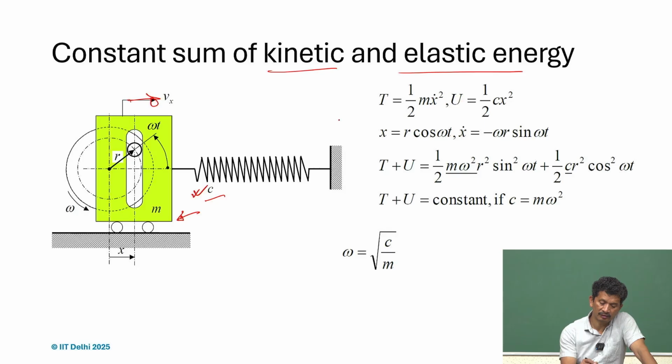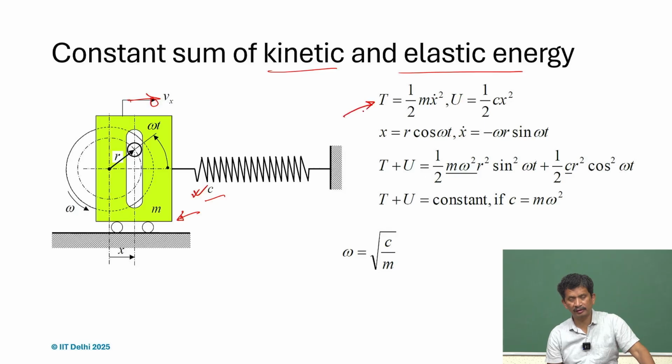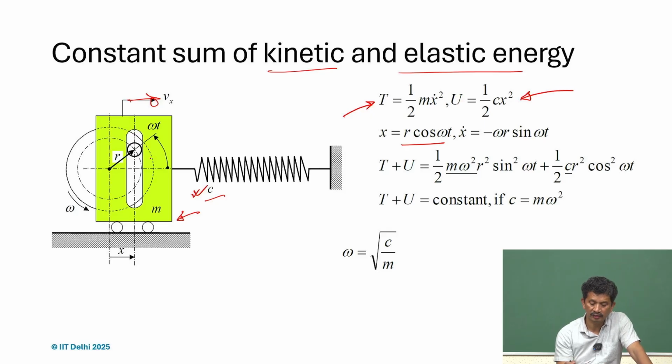If we write the total energy, this is the kinetic energy half m x dot square, and this is the potential energy stored in the spring, which is half C x square. Whatever the displacement is, that is the energy stored there. We can also write x in terms of omega t, so r cos omega t, and if we take the derivative, we get the velocity, which is minus omega r sin omega t.